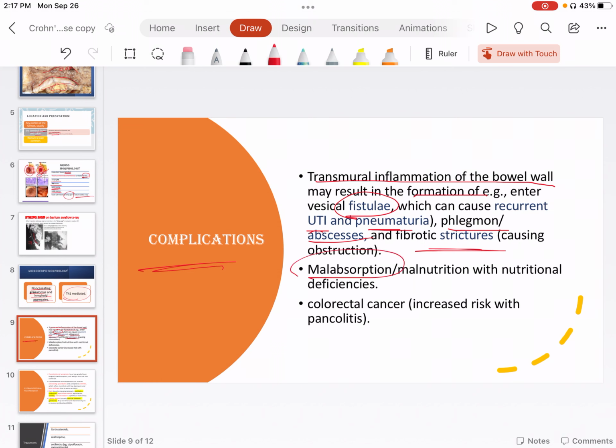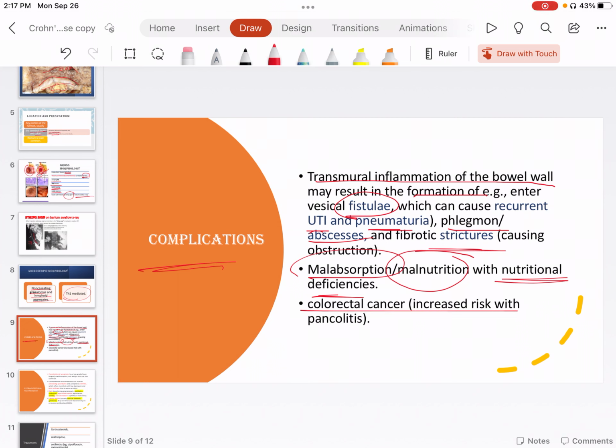There is malabsorption, obviously, because the colon is involved, and part of the small intestine, the ileum, might be involved. There is malnutrition, and there are nutritional deficiencies due to malabsorption. There is quite a possibility, due to malabsorption, of formation of calcium oxalate kidney stones.